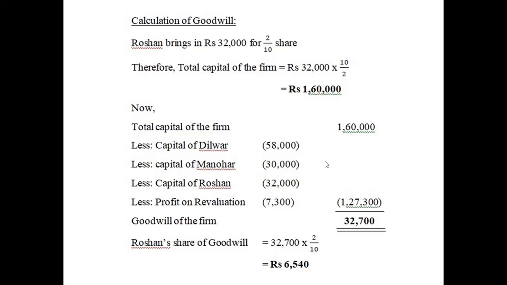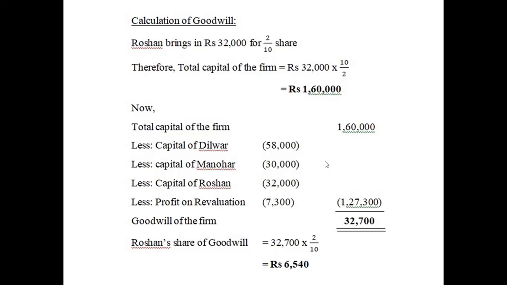In this particular case, you have to find the hidden goodwill through the liability approach, or the capital approach, instead of the asset approach. The asset approach is quite lengthy and quite confusing also.